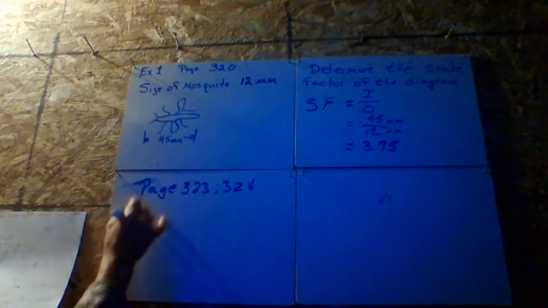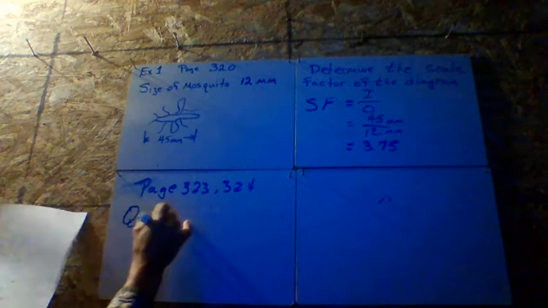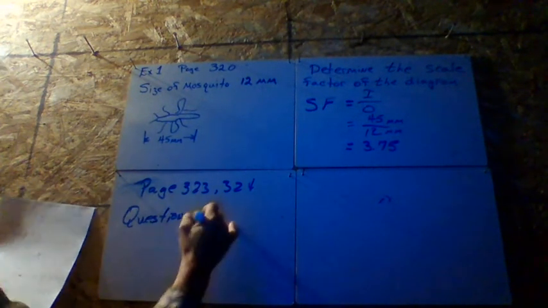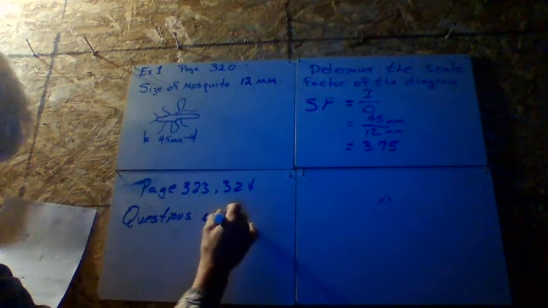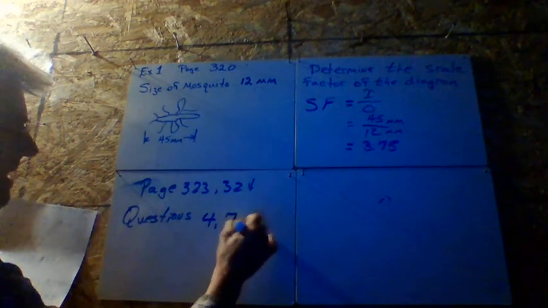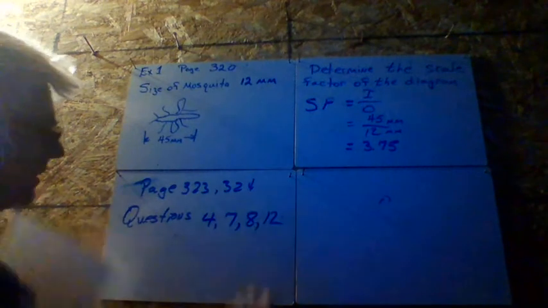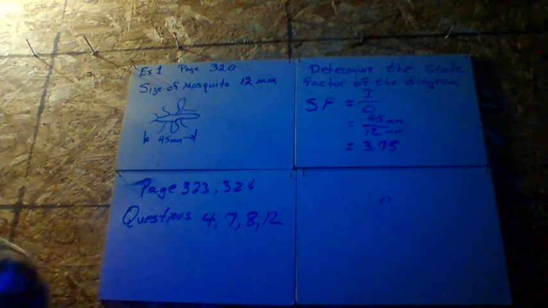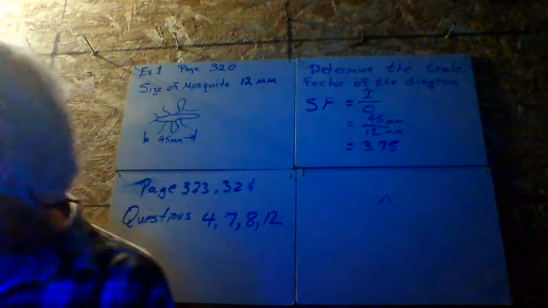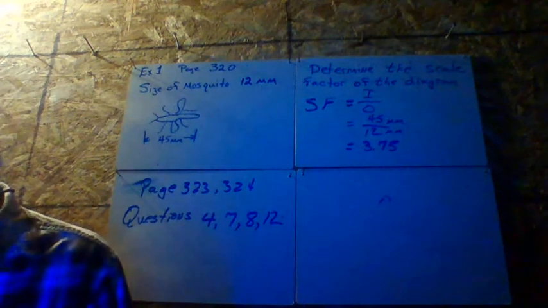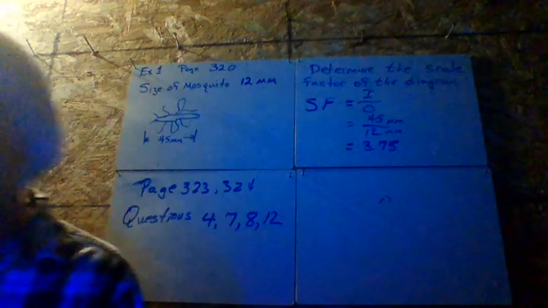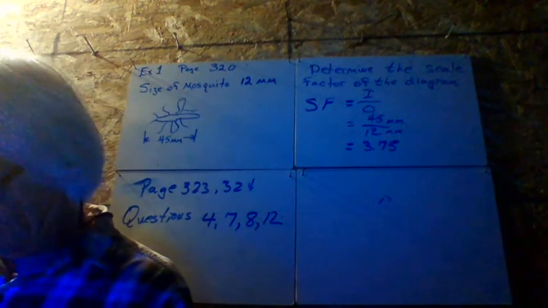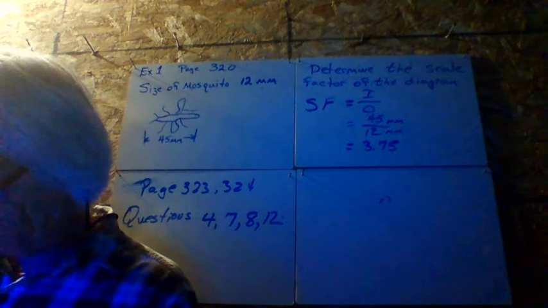I want you to do questions 4, 7, 8, and 12. In those questions, they're going to give you some pictures and ask you to measure them. I'm not sure whether you guys have things at home to measure with, so I'm going to give you the sizes on them.